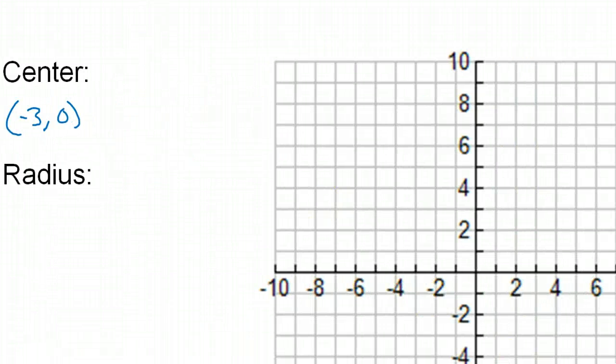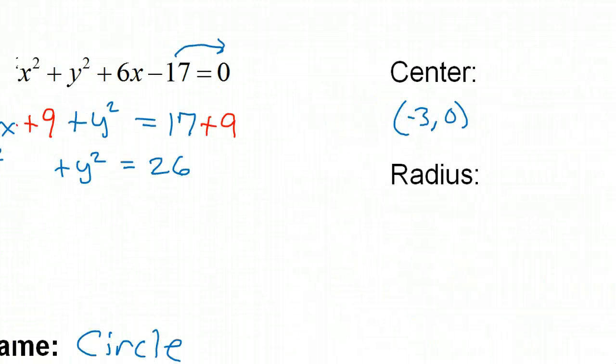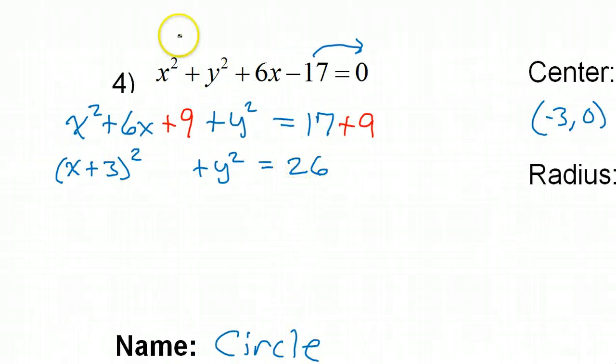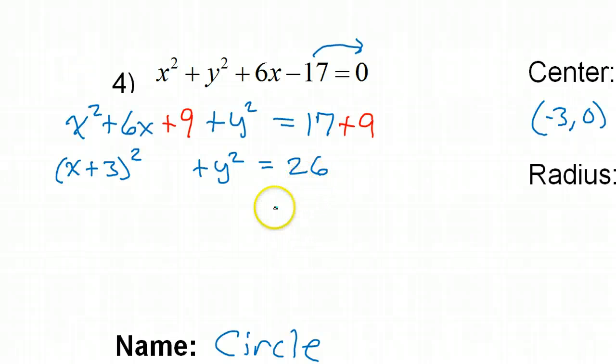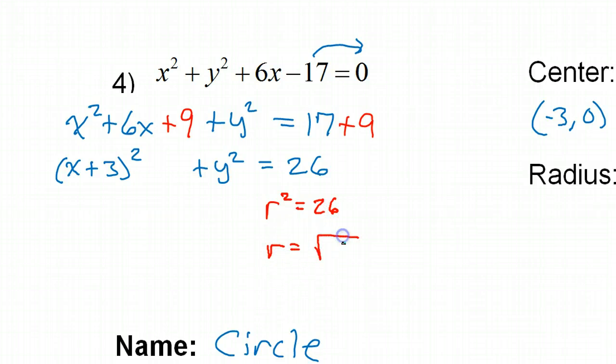And we can go ahead and graph that as well. So negative 3 comma 0, there's my center. Now the radius, remember that this is the radius squared. So the radius squared is 26. That means the radius is the square root of 26. Now, this doesn't reduce, but I can tell you that it is approximately 5.1.